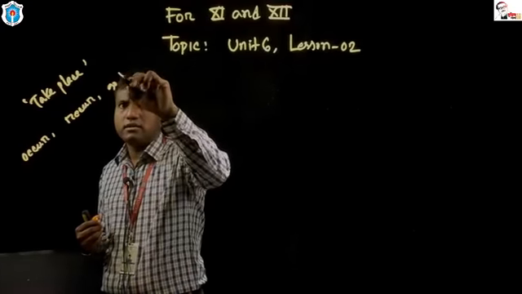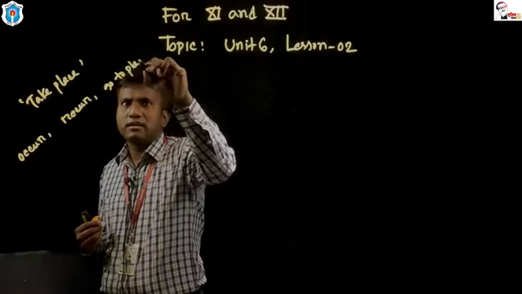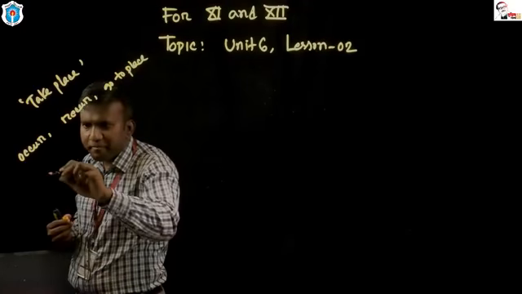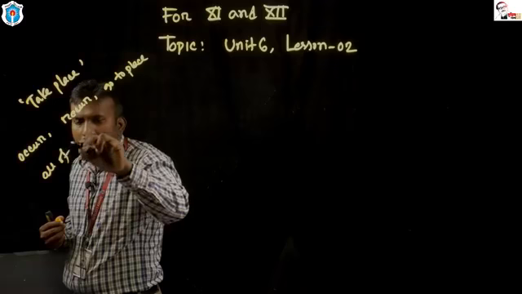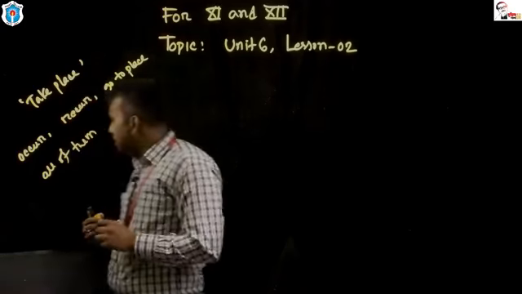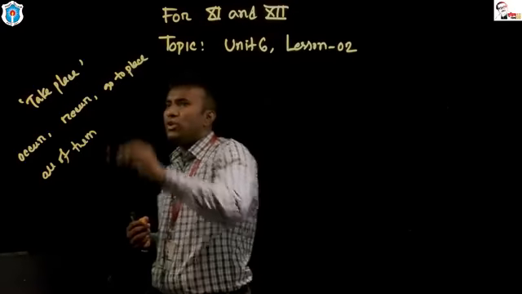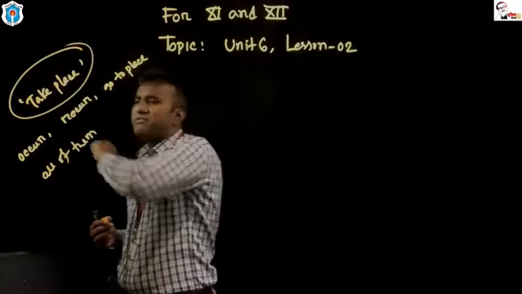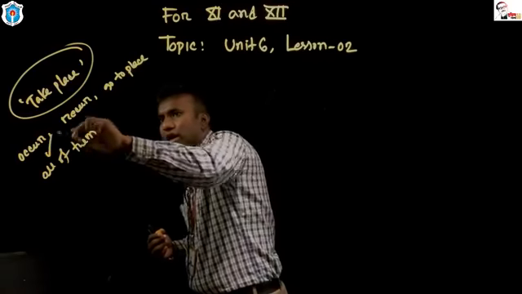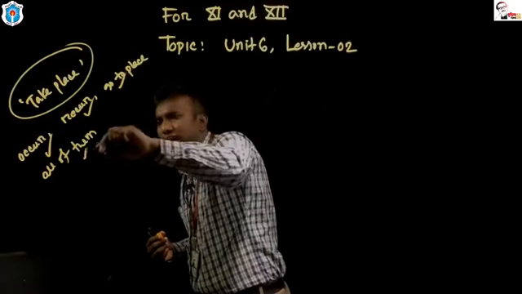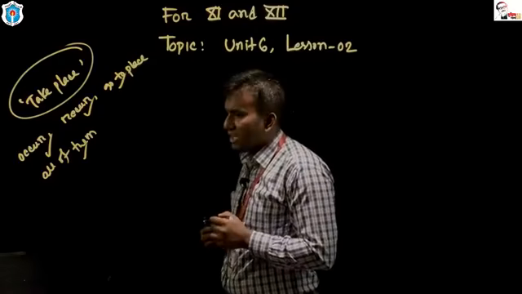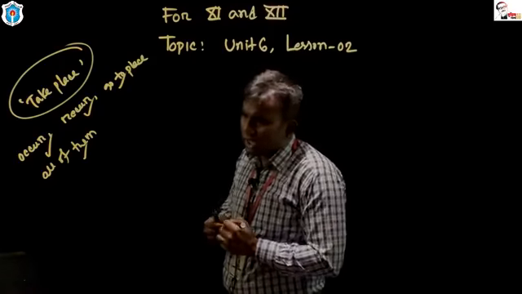Option C, go to a place. And option D, all of them. You have to look for the synonym of take place. What do you think? Occur, recur, go to a place, and all of them. What is your answer, my dear students?